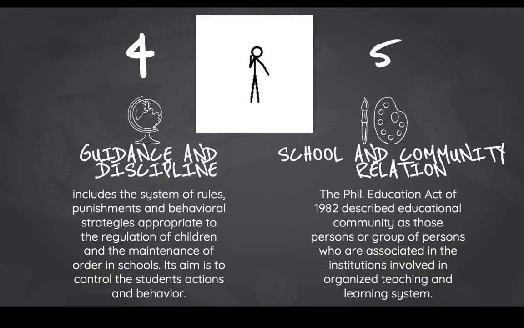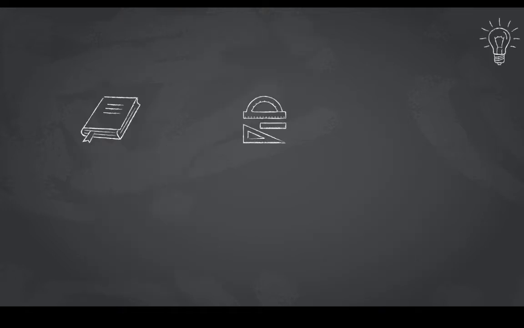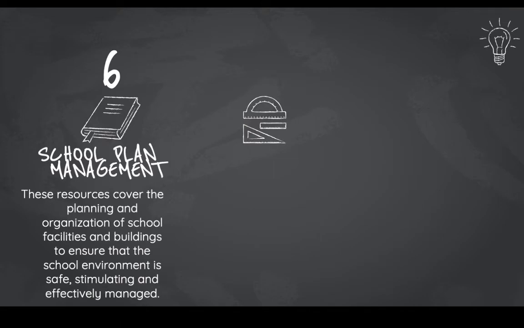We also have at number six, the school plant management, which covers the planning and organization of school resources, facilities, and buildings to ensure that the school environment is safe, stimulating, and effectively managed.